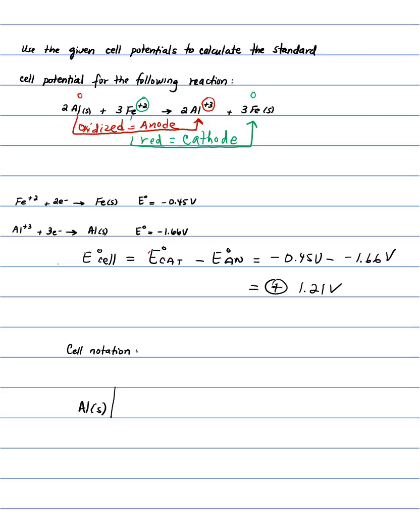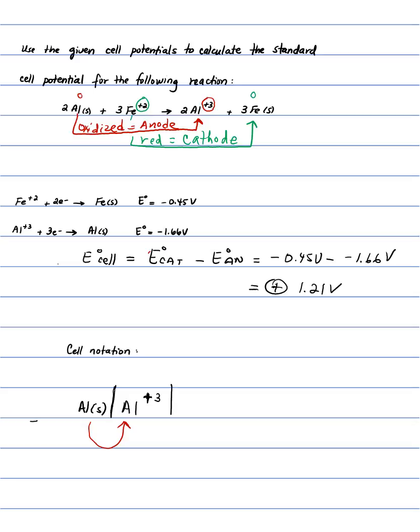Now we follow that aluminum solid with a single line. Aluminum solid is being oxidized to give you aluminum plus 3.